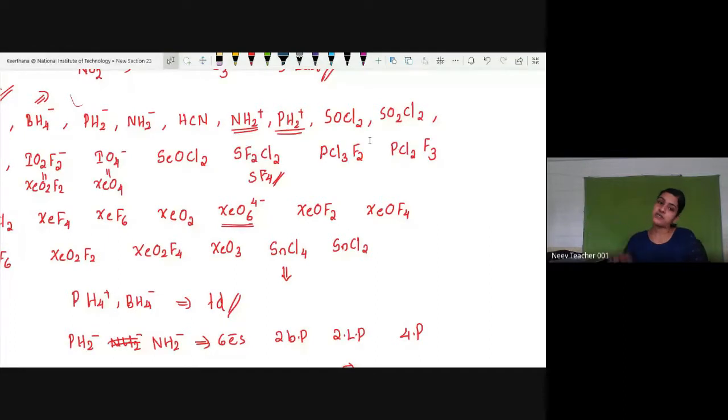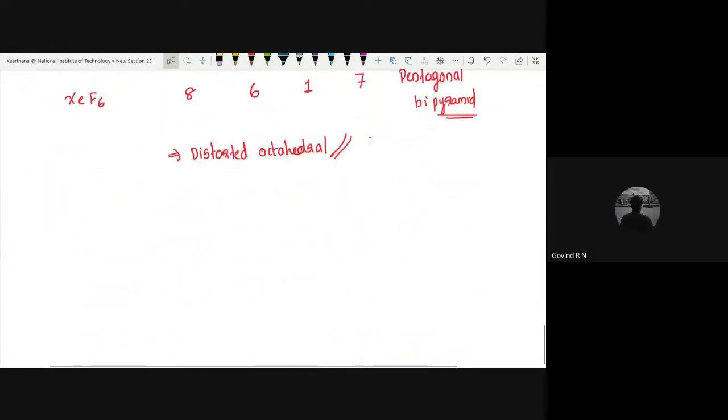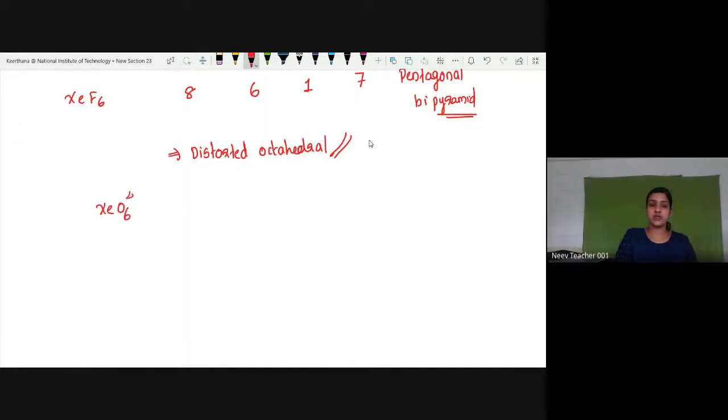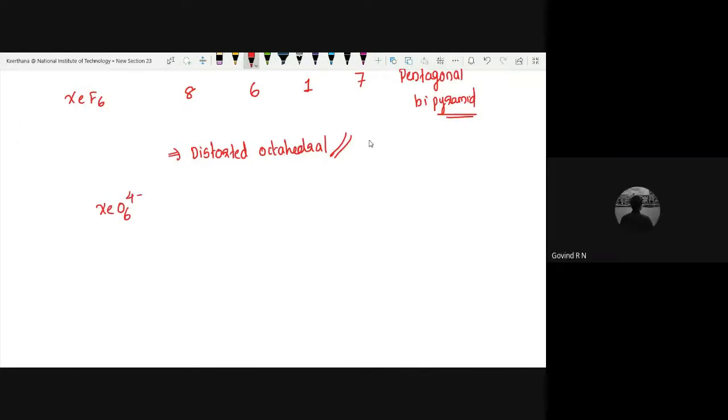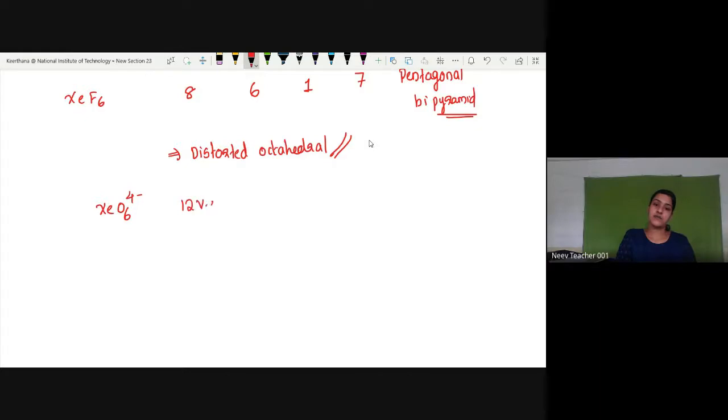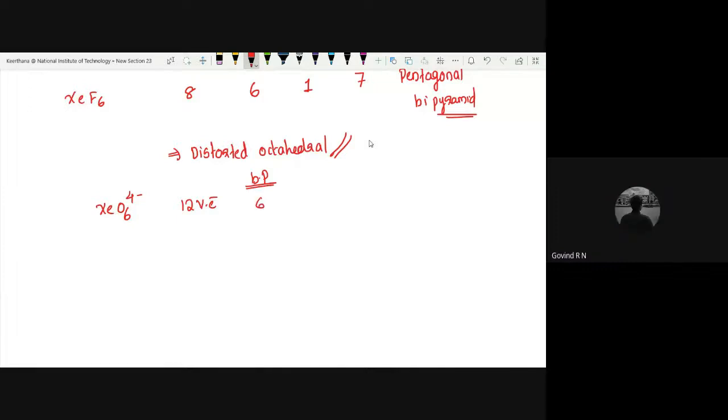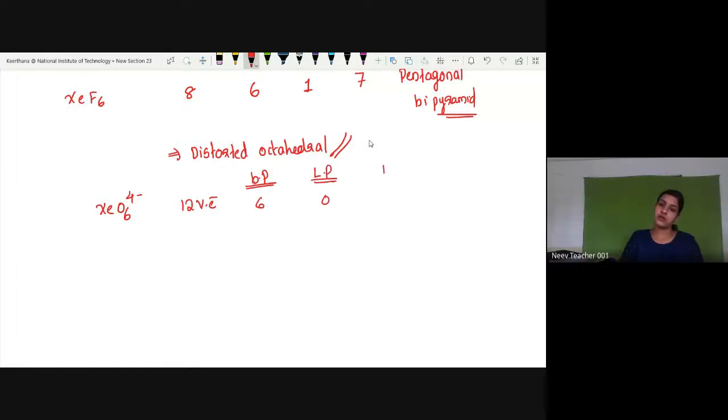XeO6 4 minus. I had a doubt in that one. XeO6 has 12 valence electrons. Bond pairs 6, lone pairs 0, total electron pairs 6.